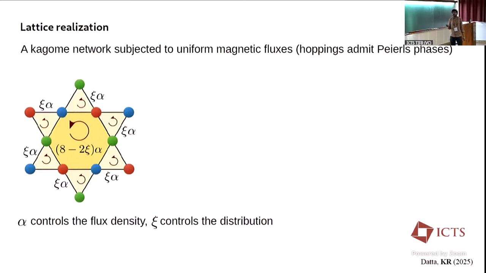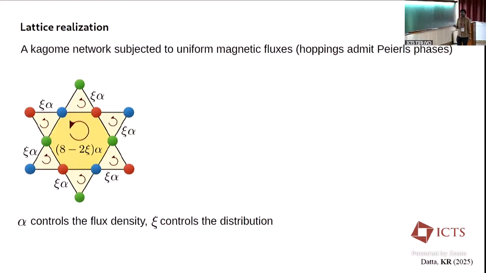Here we included another important parameter: we are allowing different flux concentration on different plaquettes, keeping the total flux within the structural unit cell constant. I can tune alpha or xi. If I fix alpha, which controls the flux density, I can vary xi to control the flux distribution.